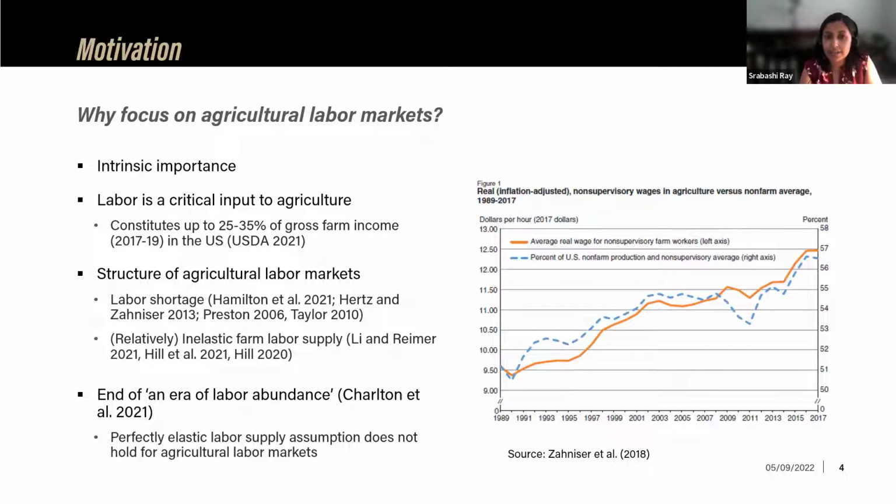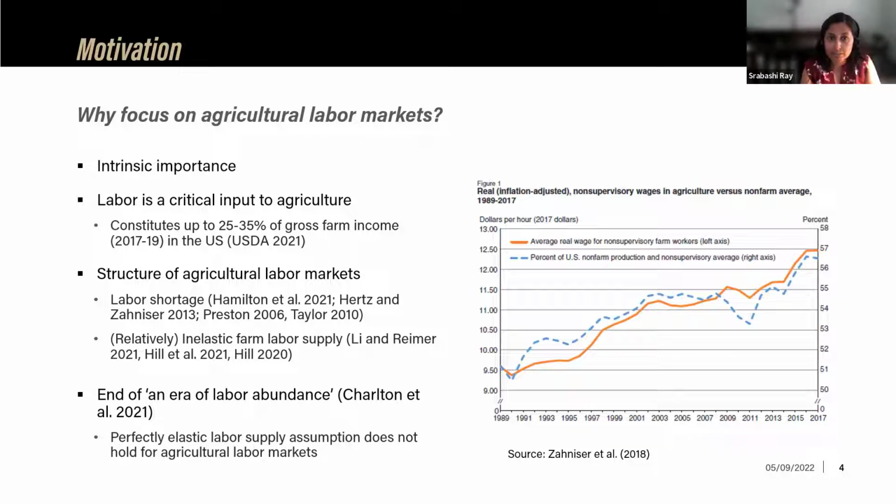So that is very low compared to the assumption embedded in the IAMs that I was describing before, which is the perfectly elastic labor supply assumption, where the number 0 to 0.8 is assumed to be infinity. So that assumption underlying these IAMs does not hold up in the recent experience of agricultural labor markets. So the consensus in the literature is pretty significant that there's an end of an era of labor abundance.